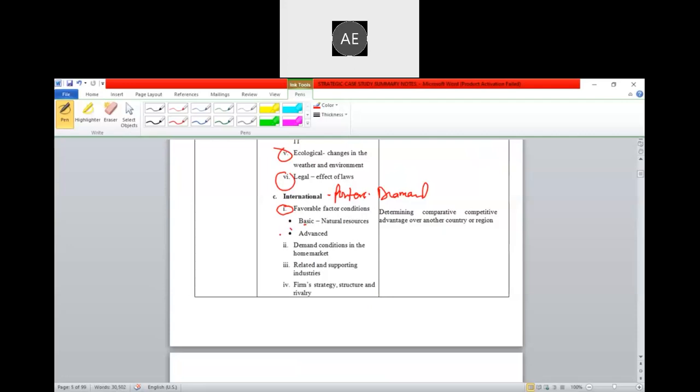So when we have skilled labor here, the communication systems are perfect, the transportation systems are fantastic, or they are in order, then it means that we can base on that to go international and succeed. Okay, so the advanced resources are those resources developed over years.